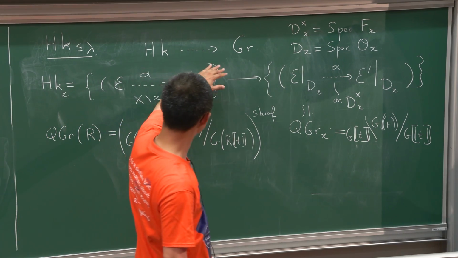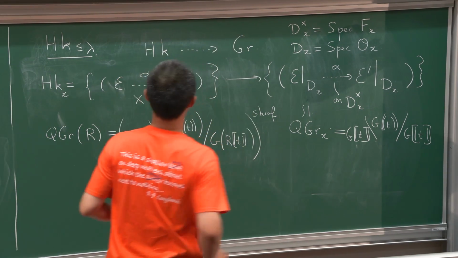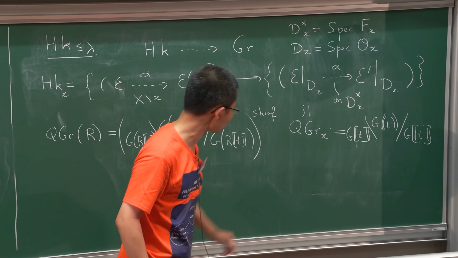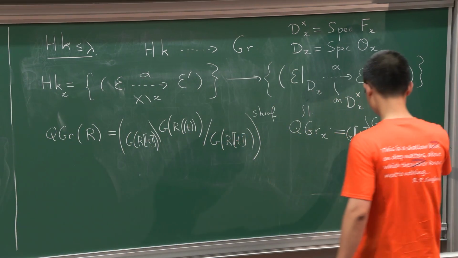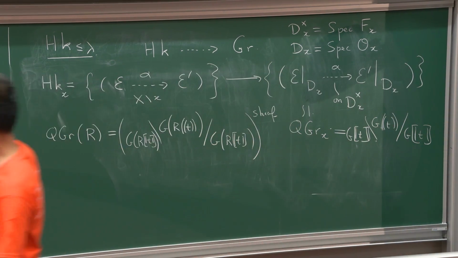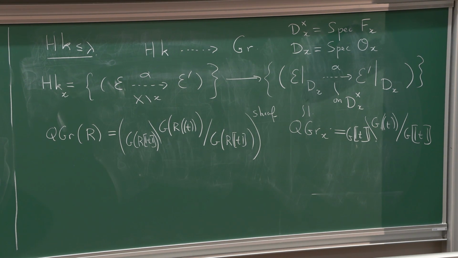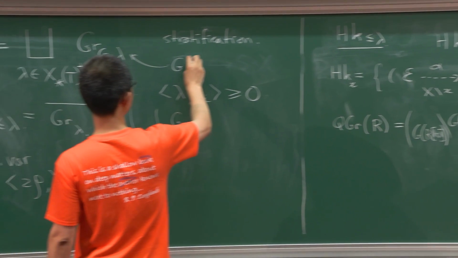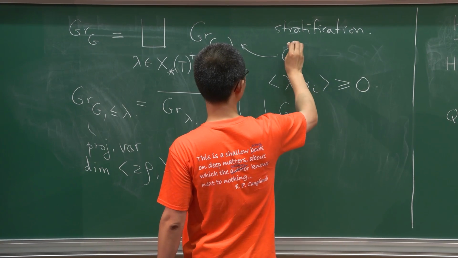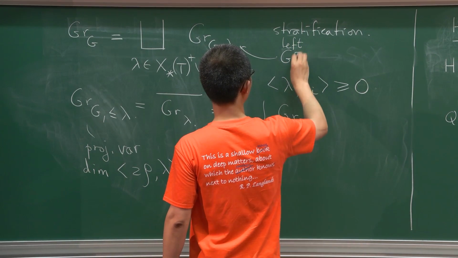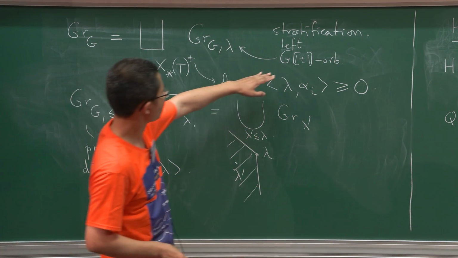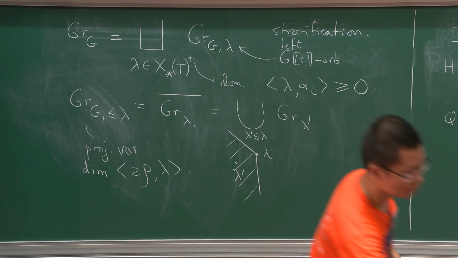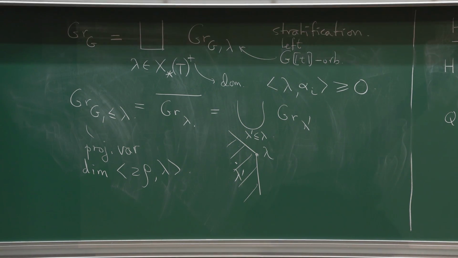Okay, but the canonical recipient of this kind of desirable map is some quotient version of the affine Grassmannian. So this is good now because of our stratification. I forgot to say actually the most basic thing about stratification: each piece is in fact a left orbit, an orbit for the left action of G[[t]].